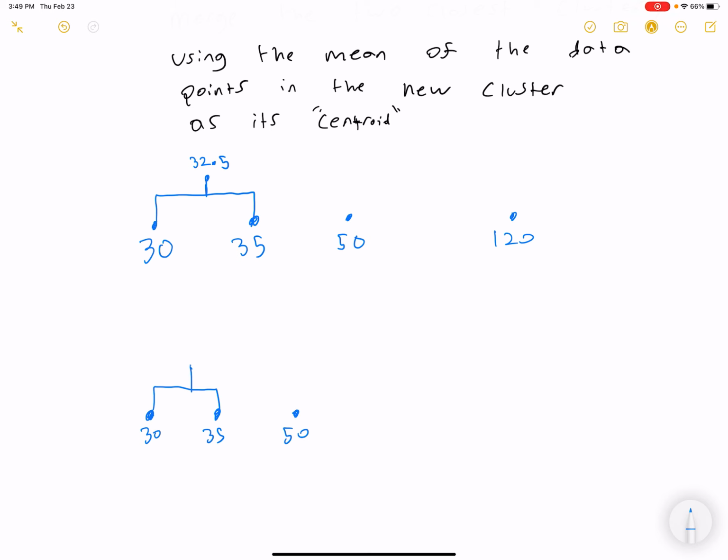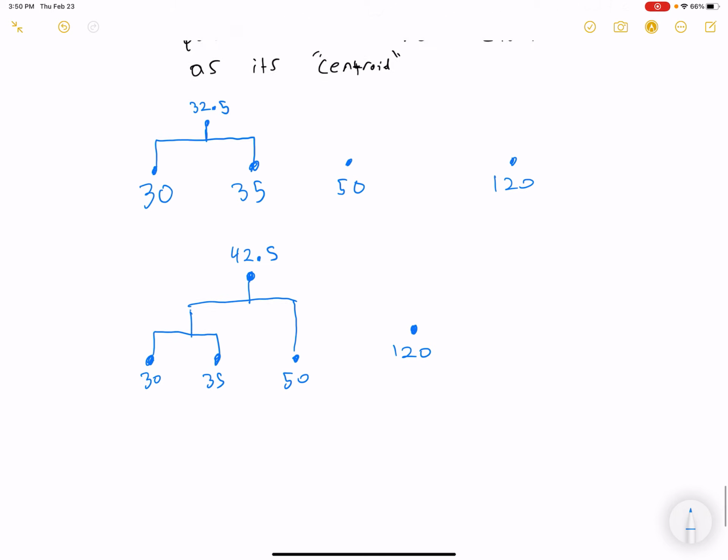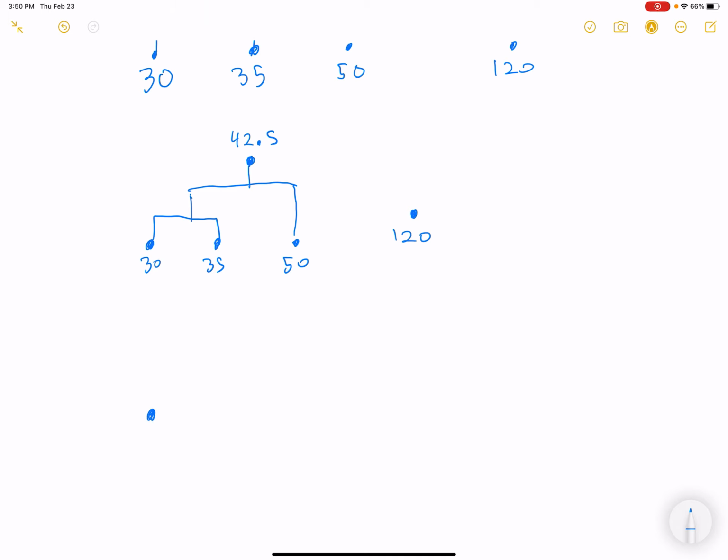So 50 is close with 32.5, and we take the average specifically of the centroids. The centroid of the first cluster is 32.5, the centroid of the second cluster is 50, so the average of those is 42.5, and 120 is out on its own until the final iteration, where we have this cluster and the 120.